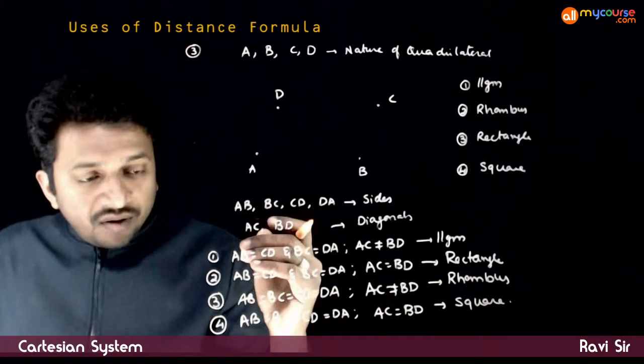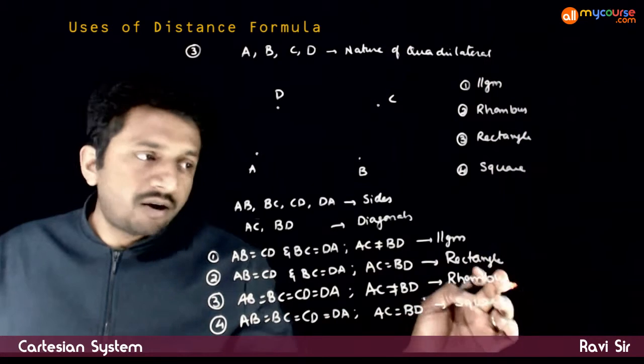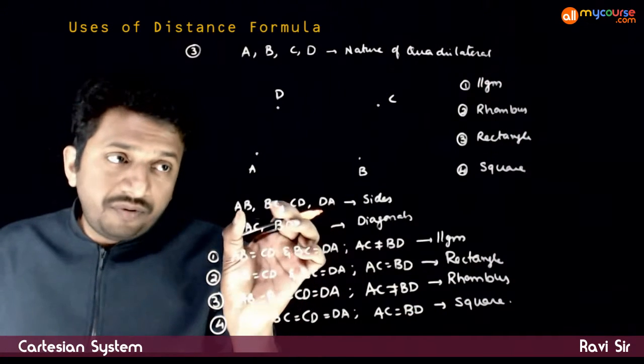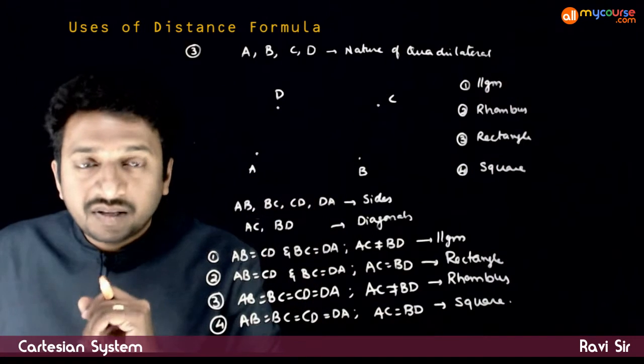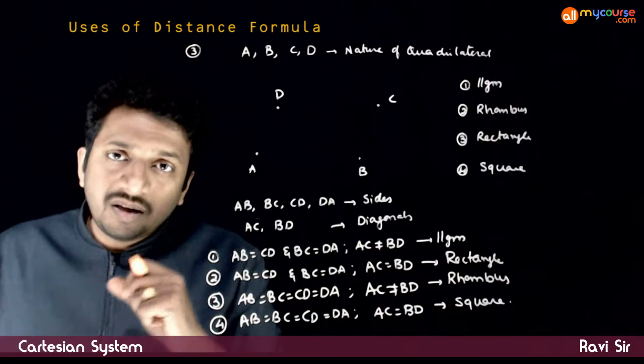So this is how you check whether the figure is a parallelogram or a rectangle or a rhombus or a square. So you need to find 6 lengths. From these 6 lengths, we can determine the nature of quadrilateral.